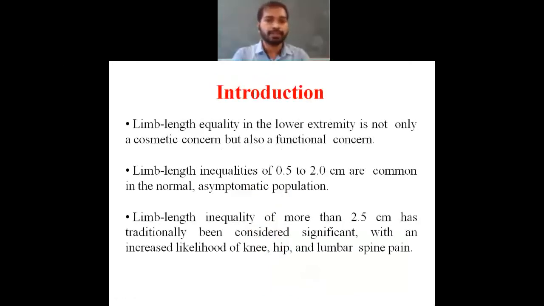So see the introduction. Limb length inequality in the lower extremity is not only a cosmetic concern but also a functional concern. What is the difference between cosmetic concern and functional concern? Anyone? Just describe cosmetic and functional. Cosmetically means appearance. Very good.